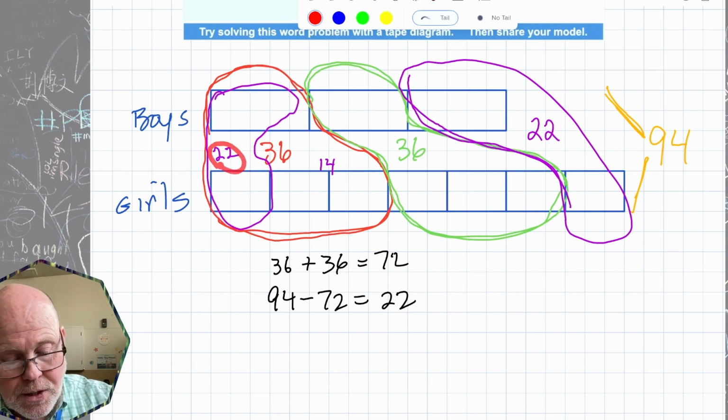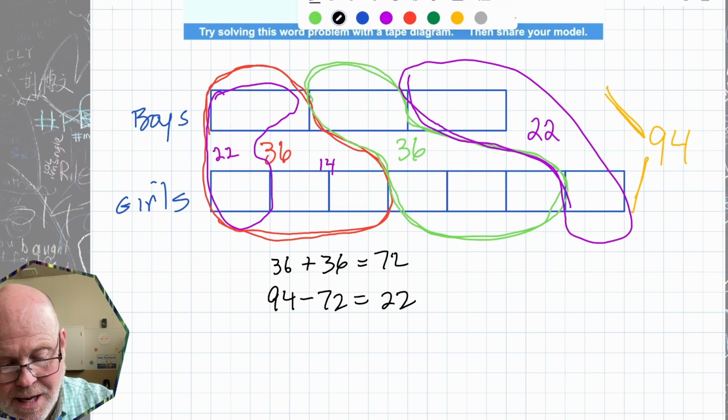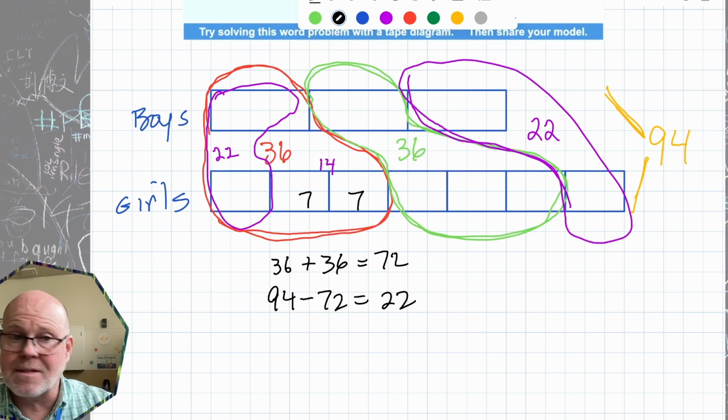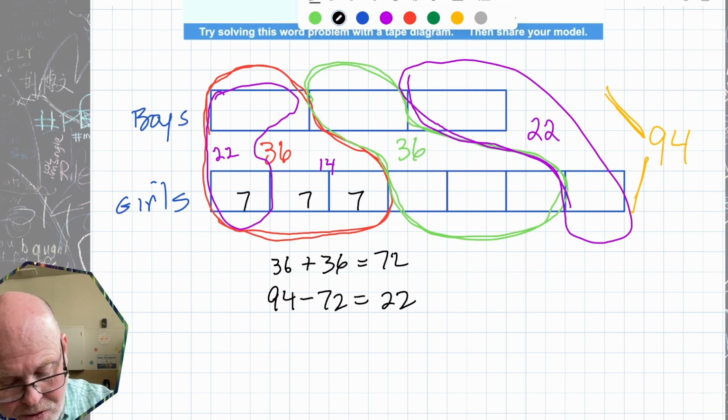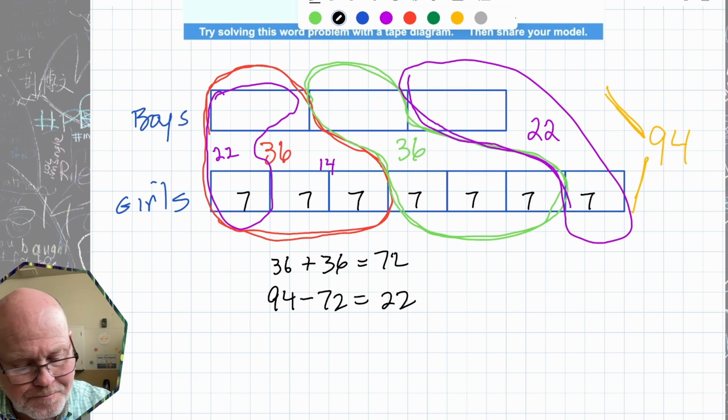So 22 plus 14 is 36. We know that these 2 units is 22. These 2 units must be 14, and that automatically tells us that this girl unit has to be 7 and this girl unit has to be 7, which means all of the girl units have to be 7.